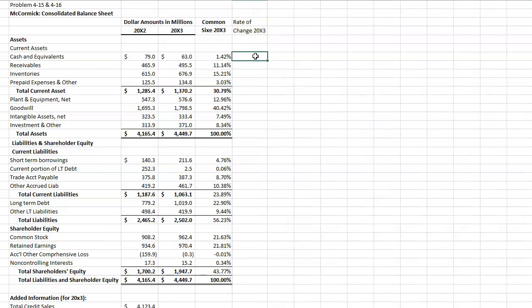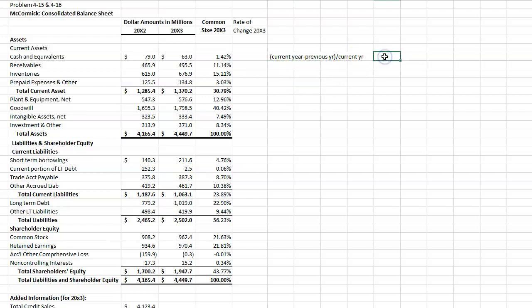Okay, now the rate of change is a little bit different. When you do the rate of change, it's the current year minus the previous year divided by the current year. All right, so that's what we want to do.